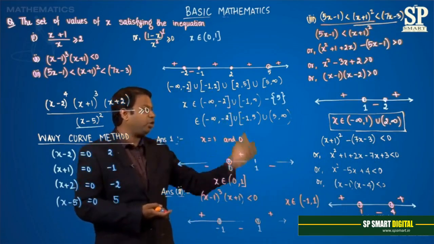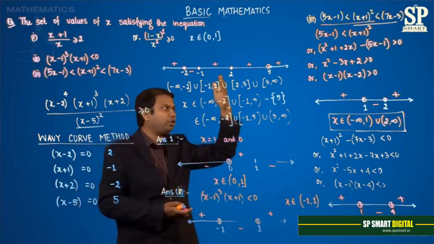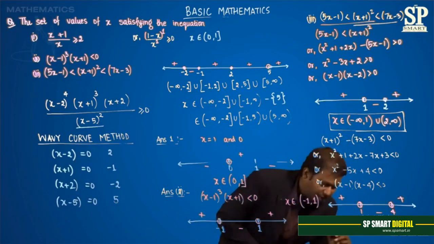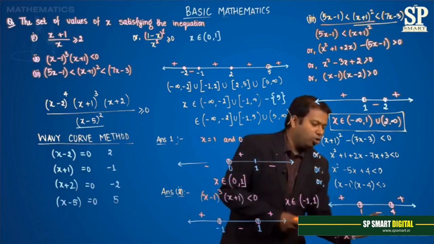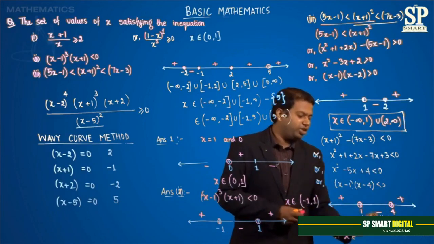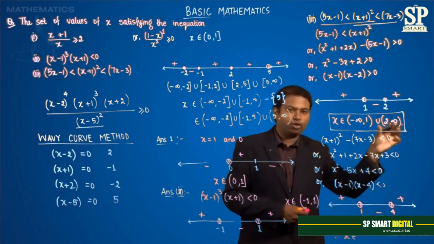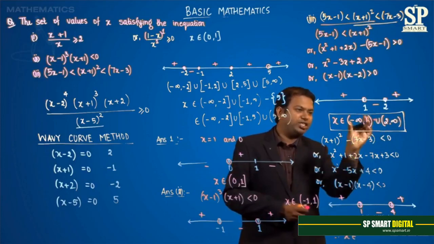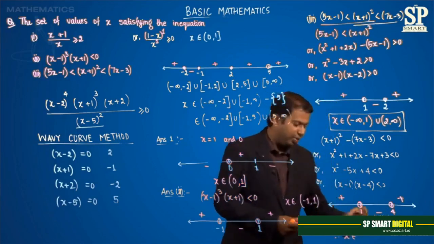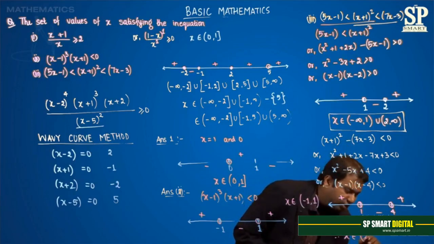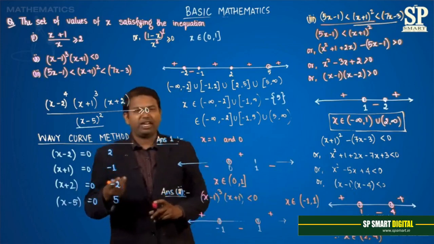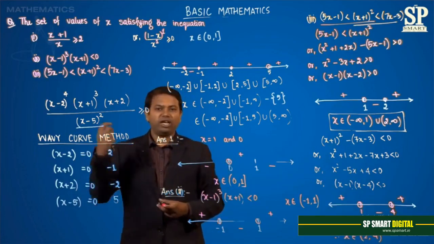And hence, if we want to have a solution which is valid throughout this inequality, then the answer should be x should belong to 2 to 4, because this is the portion which has an intersection, which has a common solution, and the part which is on the left hand side of 1 does not have any common solution with the second answer that we have, and hence our answer to this question is 2 to 4 open interval on both sides. So this is how we study the wavy curve method and how we solve questions related to inequality.